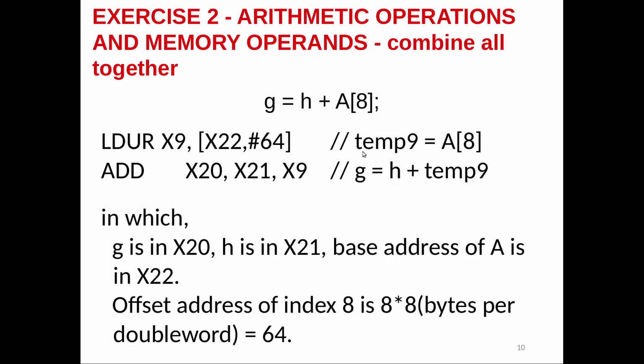It means temporary register 9 will be the value loaded from memory A at the 8th element, at the 8th location, and then we add X20, X21 and X9, which means G, or register X20, equals H, or register 21, plus temporary register number 9.